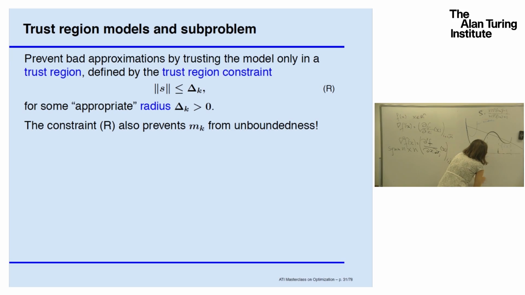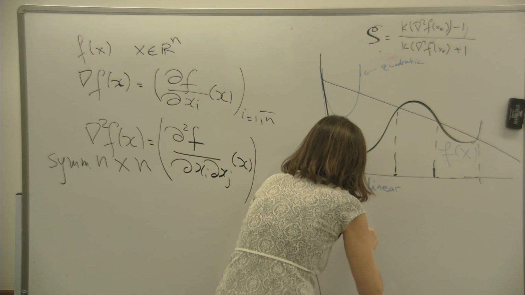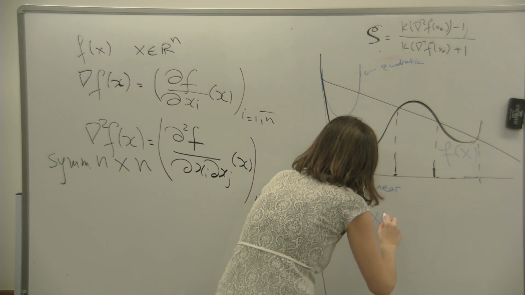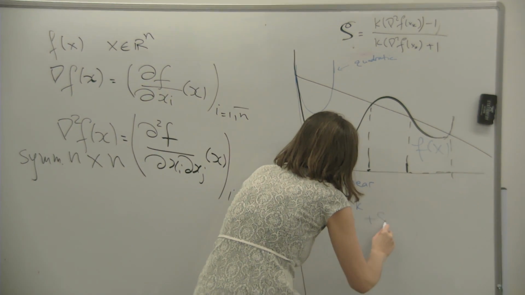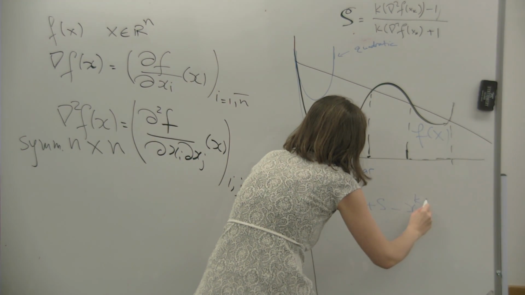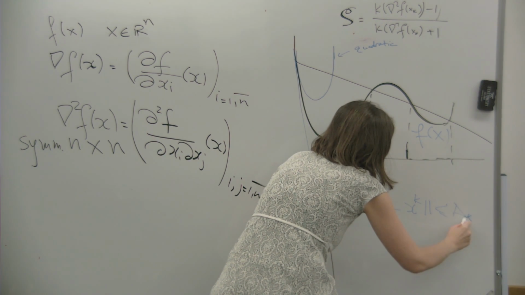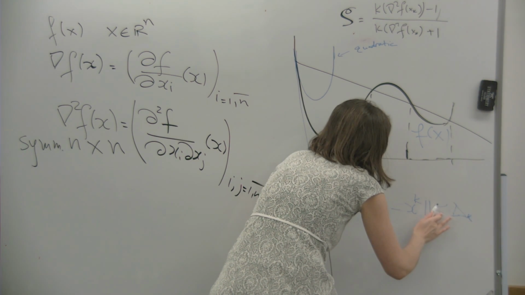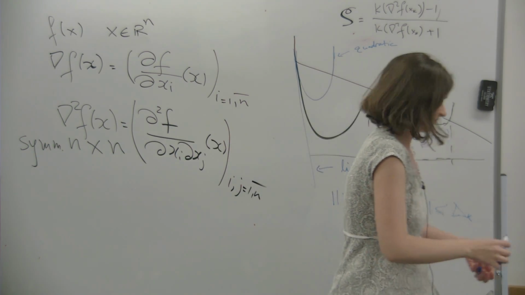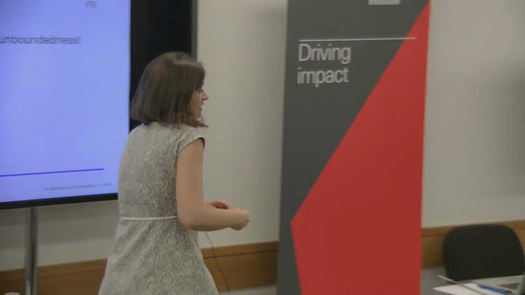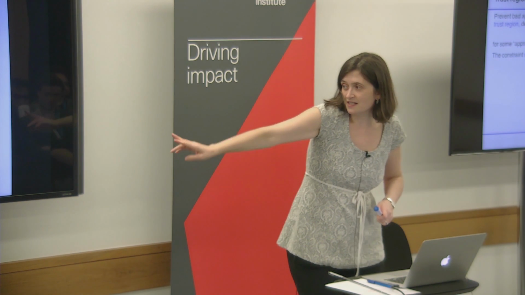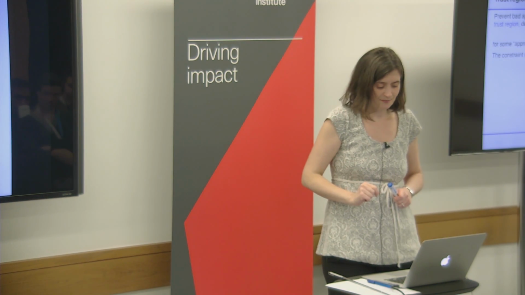So what do we do in that? What we have here is that I put a ball constraint at my current iterate xk. And that's the same, right, as the norm of s less than delta k.